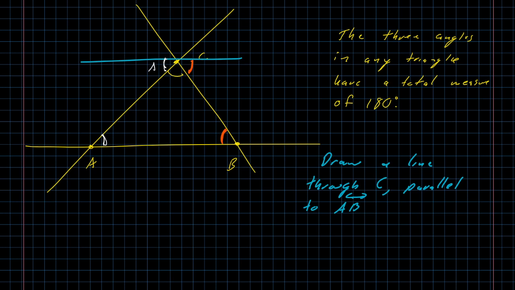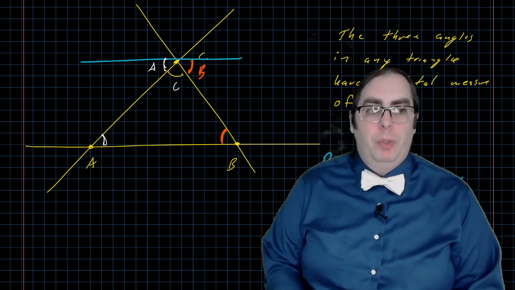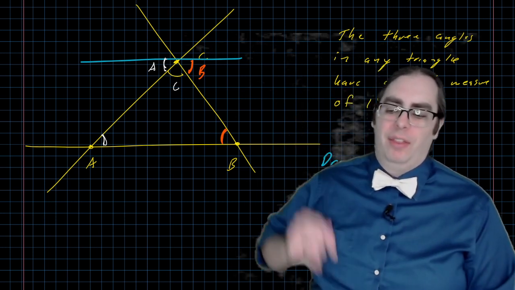All right, so this is angle A, this is angle C, this is angle B. Together, they give us a straight line, so together they have to add to 180 degrees. All right, it's a conclusion that we knew was going to happen. I said it at the start.